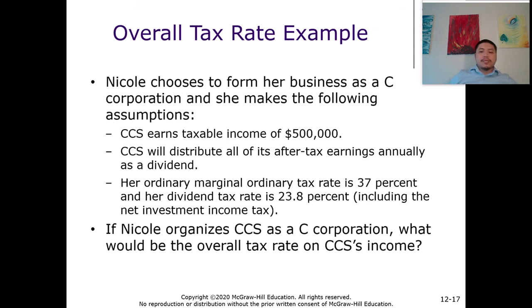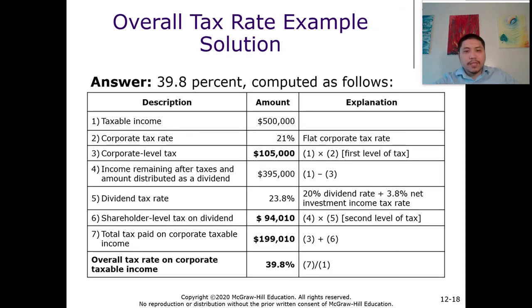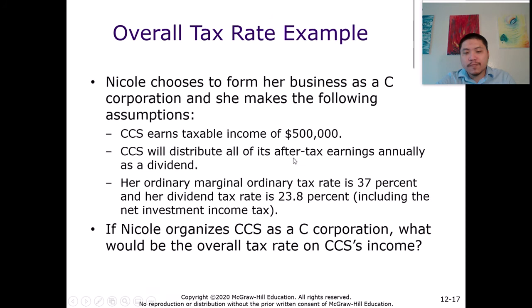Right. So let's see. We know that the taxable income is $500,000, and it is a C corporation, so it has to pay the 21% corporate tax rate. So the corporate level tax is going to be $105,000.